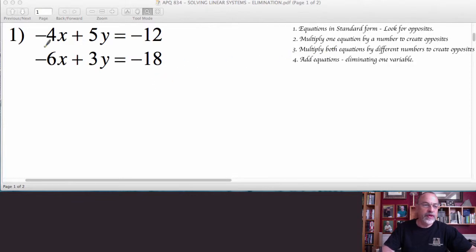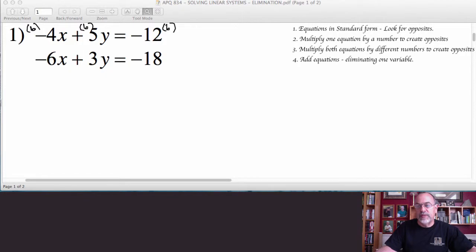So the easiest way to do this then is to multiply this first equation. If I'm going to, let's say, eliminate the x's, I'm going to multiply this first equation by a positive 6. So I'm going to go through and multiply all these numbers by a 6. When I do that, that's going to give me a negative 24.